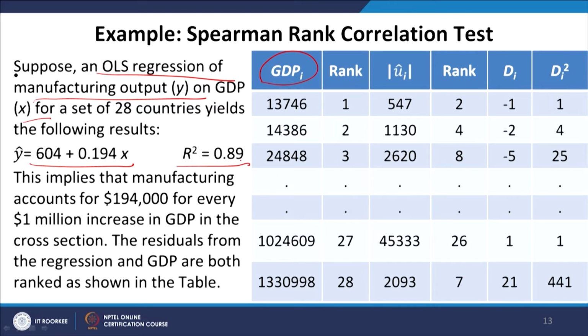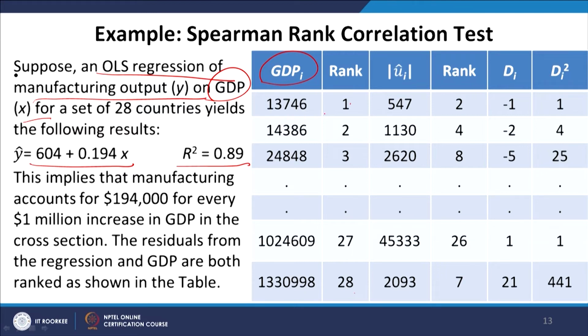The residuals from the regression and GDP are both ranked as shown in the table. GDP is the only independent variable we have considered in the analysis. It is first ranked from 1 to 27, and then the corresponding residuals are also ranked.